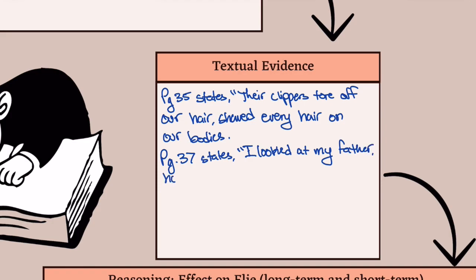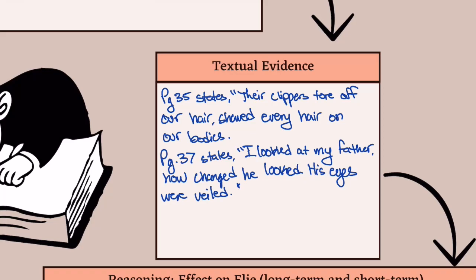How changed he looked. His eyes were veiled," right? Kind of getting that reaction from Eli when he's seeing his dad.